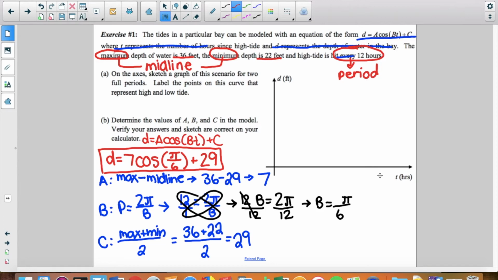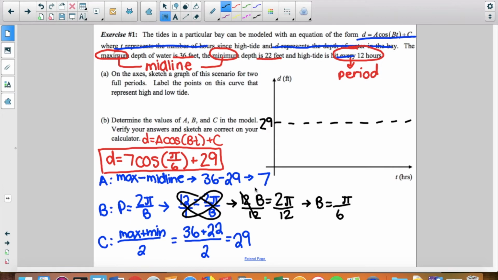Now, since it's a sketch, you don't need all of your numbers in there. You don't need a specific number of boxes. You just need to sketch what we have here. So we first have that our midline is 29. I'm just going to guess where 29 will be because it's not exact. We don't need a scale, but I will label this 29.